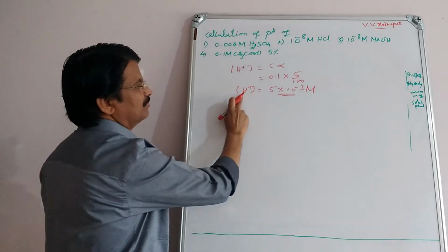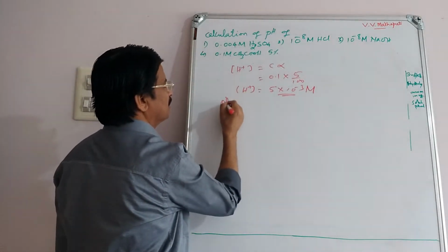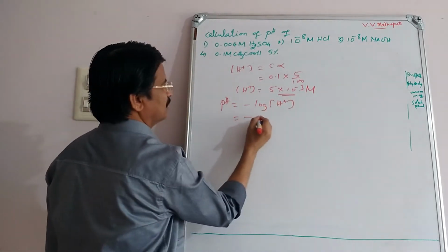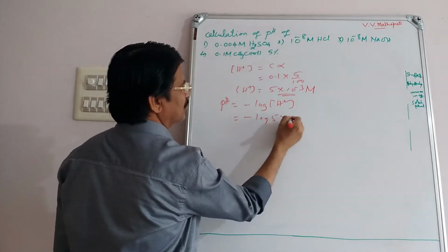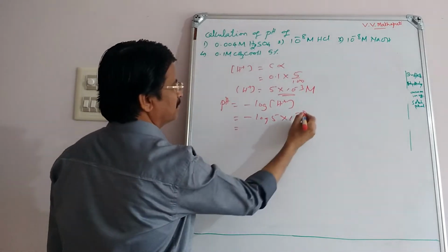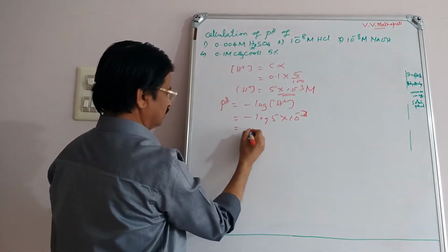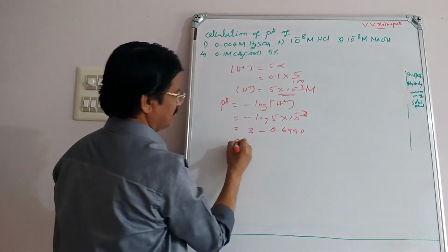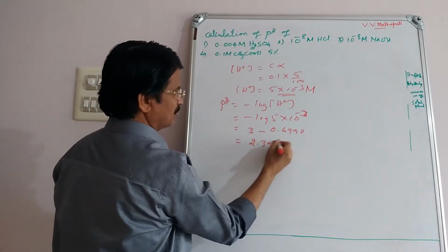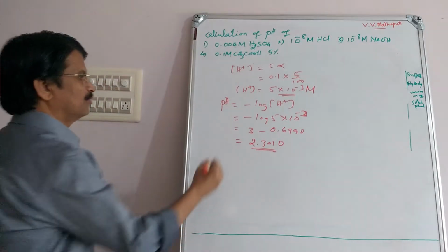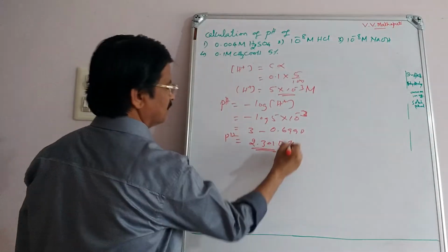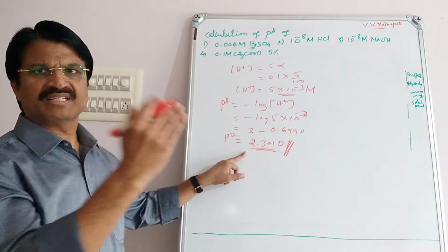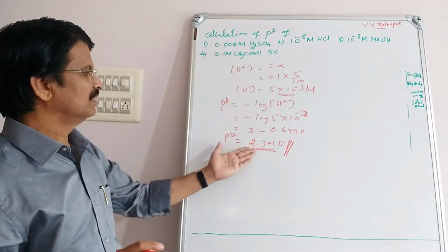Then use this H plus value in the pH. pH equals negative logarithm of H plus concentration, minus log 5 into 10 to the power minus 3, which is 3 minus 0.6990, that is 2.3010. Therefore its pH value is found to be 2.3. If the pH value is less than 7, it is acidic, and it is an acid. Okay, correct, 2.3.